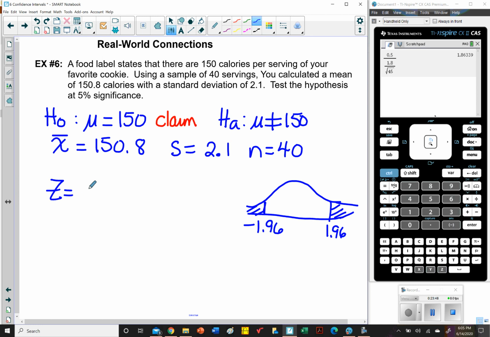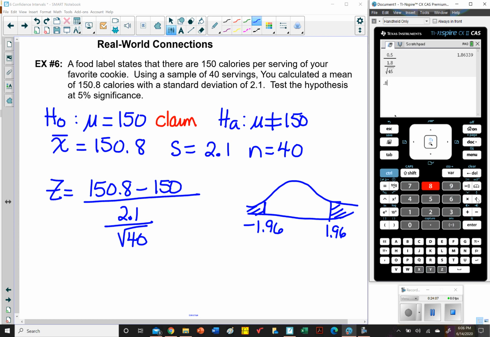And we need a z-value. So that's 150.8 minus the claim 150, divided by the standard deviation over the square root of the sample size. So we'll do that calculation. 150.8 minus 150 is 0.8, divided by the standard deviation over the square root of the sample size.